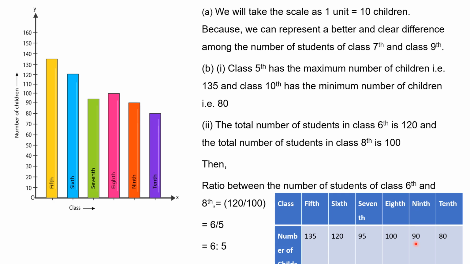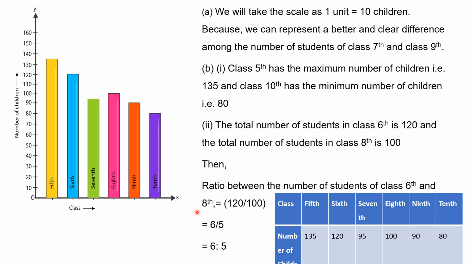If we take one unit as 5 children, the full graph sheet is not enough. That's why we'll take one unit as 10 children, because the maximum is 135. Then we have to draw the bar graph.